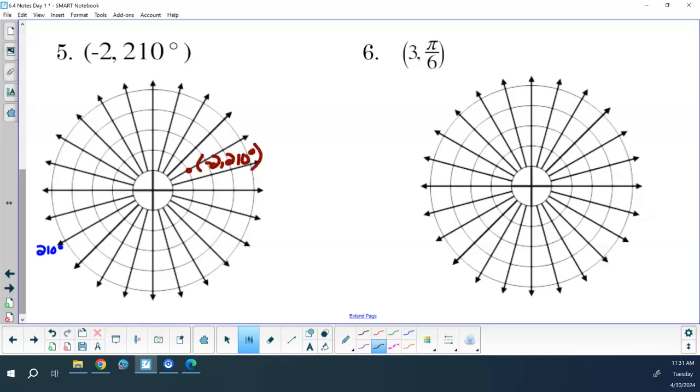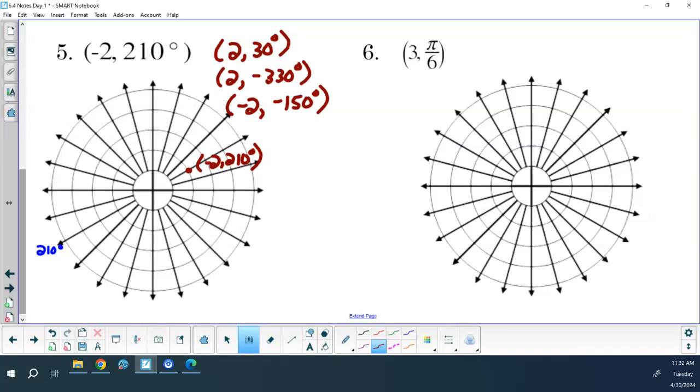My other 3 would be 2, 30 degrees. 2, negative 330 degrees. And negative 2, negative 150 degrees.